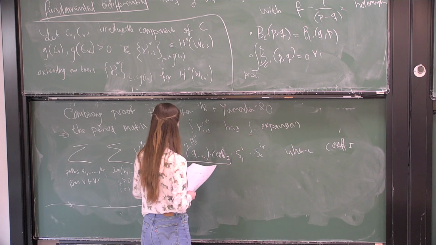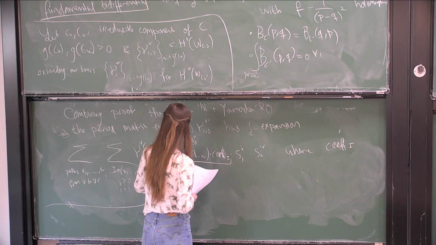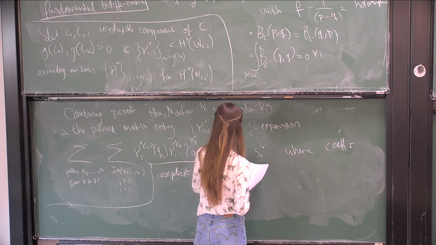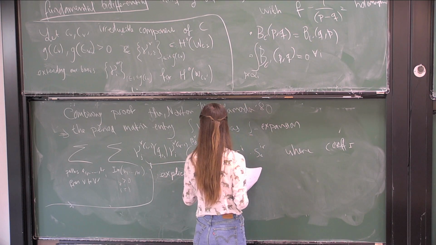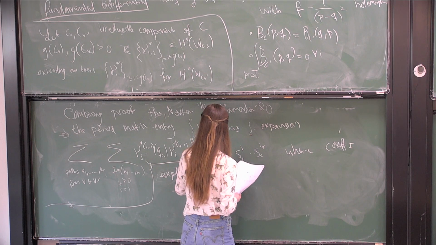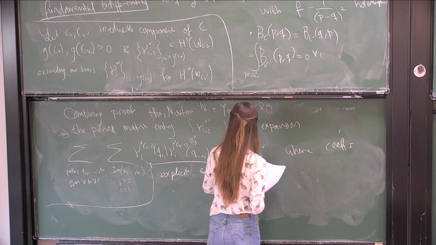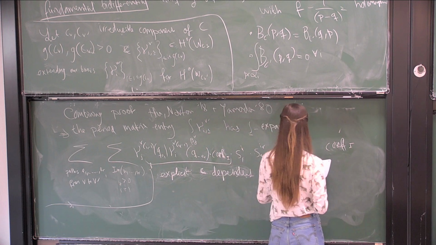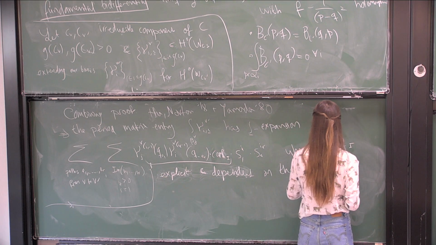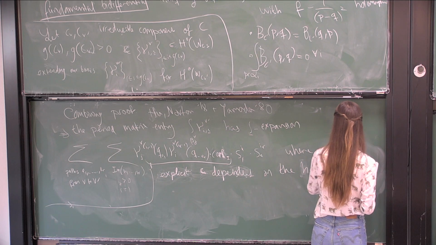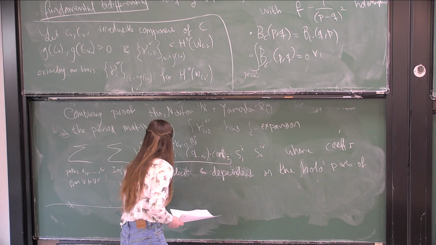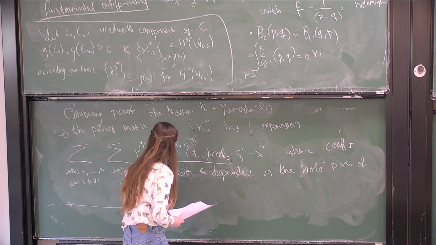It is an explicit constant dependent on the holomorphic parts of the fundamental bidifferentials of the curves along this path.